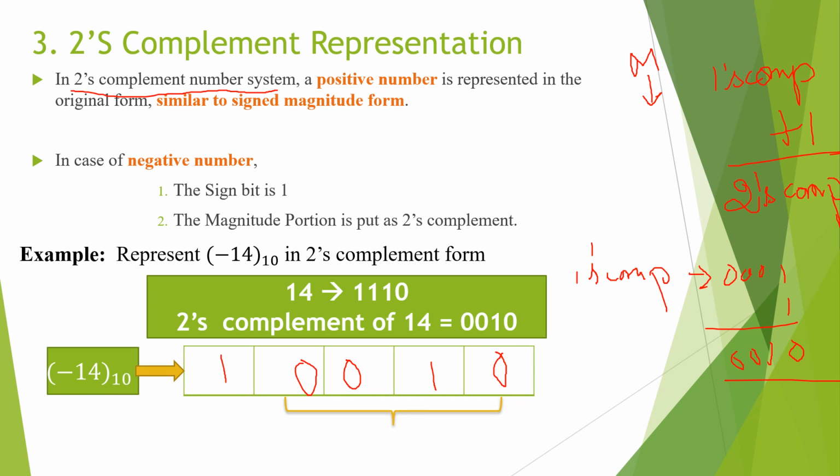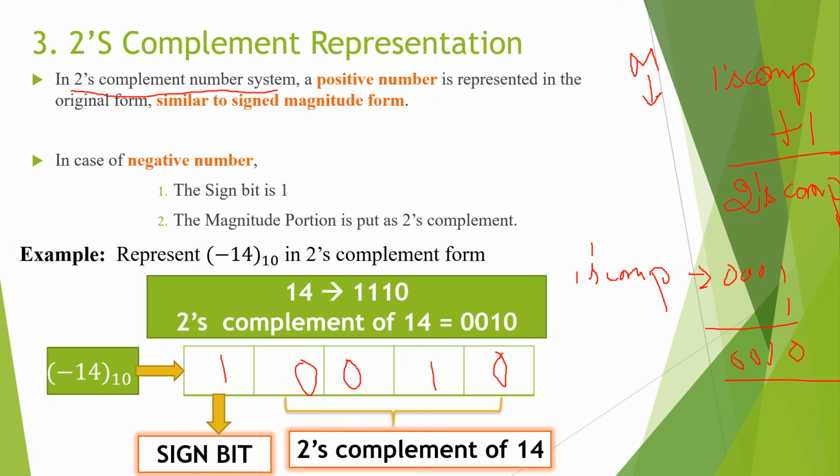Always remember your sign bit should be in the leftmost bit. The MSB always indicates your sign bit, so you add it only to the left-hand side, not the right-hand side. This one represents the sign bit and the remaining magnitude is the 2's complement of 14. So this is the way you represent your signed number in fixed point representation.